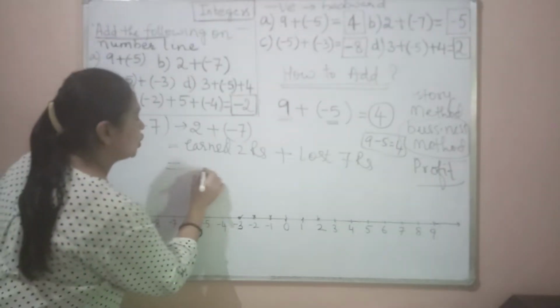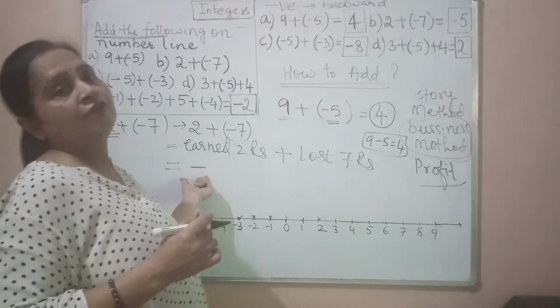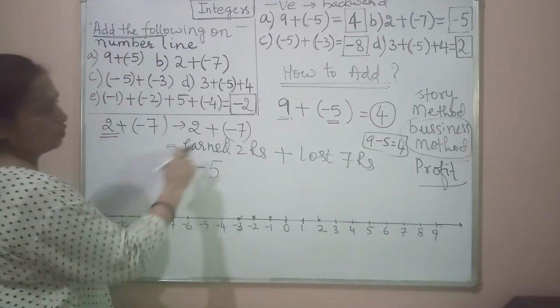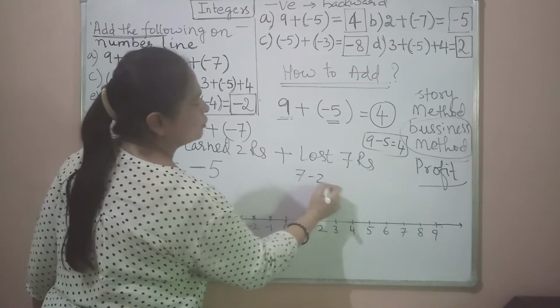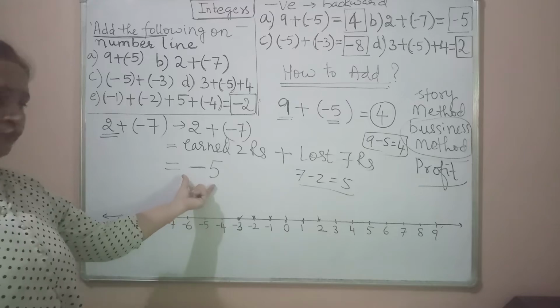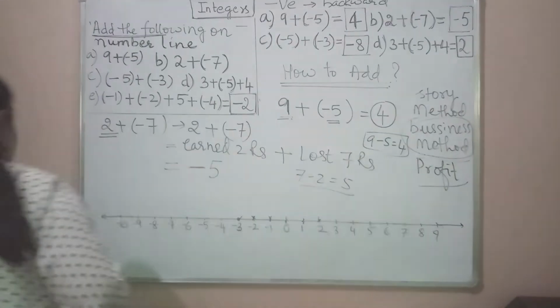Obviously it is a loss, and how do we write a loss? It is minus. How much loss? It is a loss of 5 rupees, 7 minus 2, it is 5. So the answer is minus 5. And we got the same answer from the number line also.